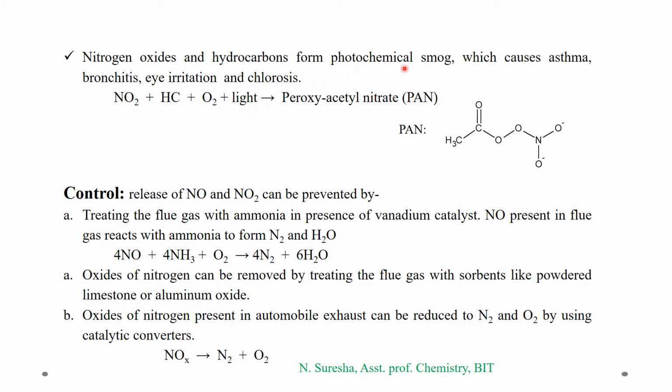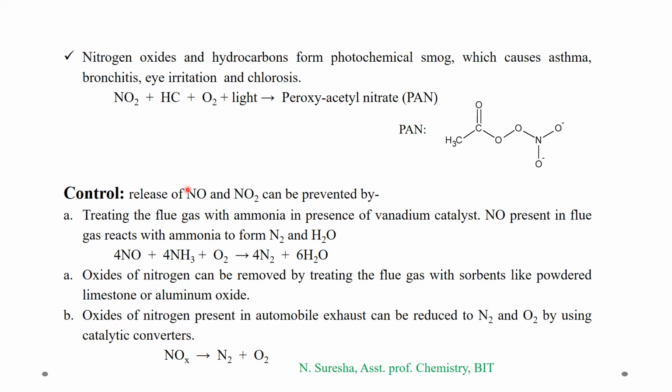In the photochemical smog, the main element is peroxyacetyl nitrate. If the peroxyacetyl nitrate concentration is more, then it causes high irritation, asthma, bronchitis, chlorosis, etc. Therefore, it is inevitable for us to reduce the concentration of oxides of nitrogen in the atmosphere.